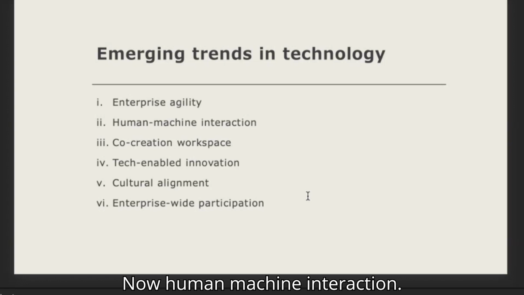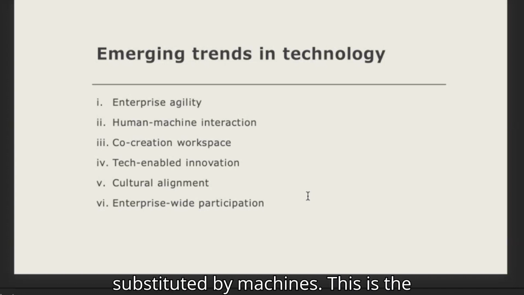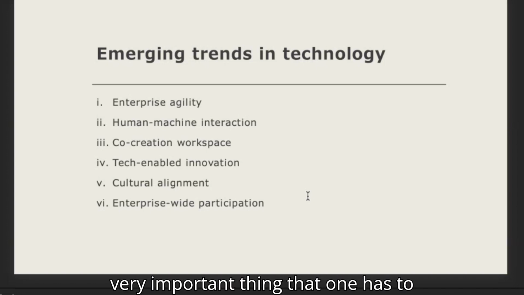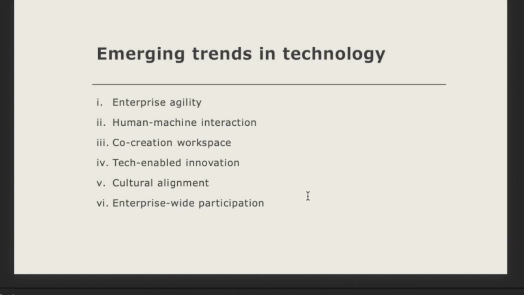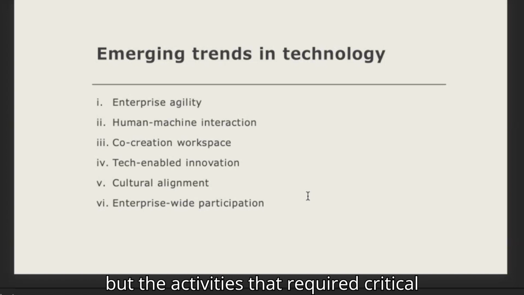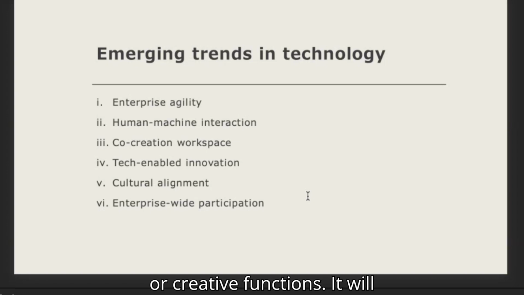Now, human machine interaction. Smart organizations realize that all human activities cannot be replaced or substituted by machines. This is the very important thing that one has to understand. A repetitive activity can be automated, but the activities that require critical decision making or innovative or creative functions need to be performed only by people.